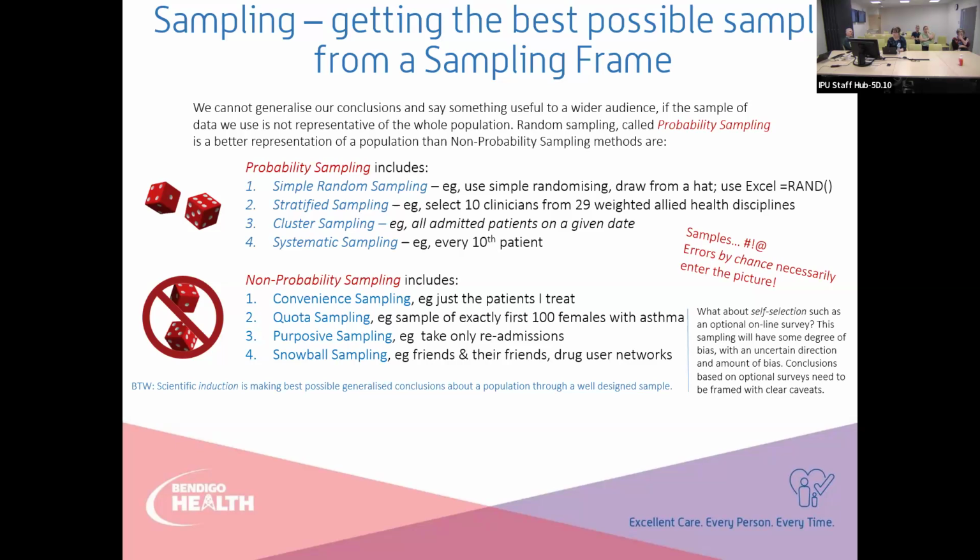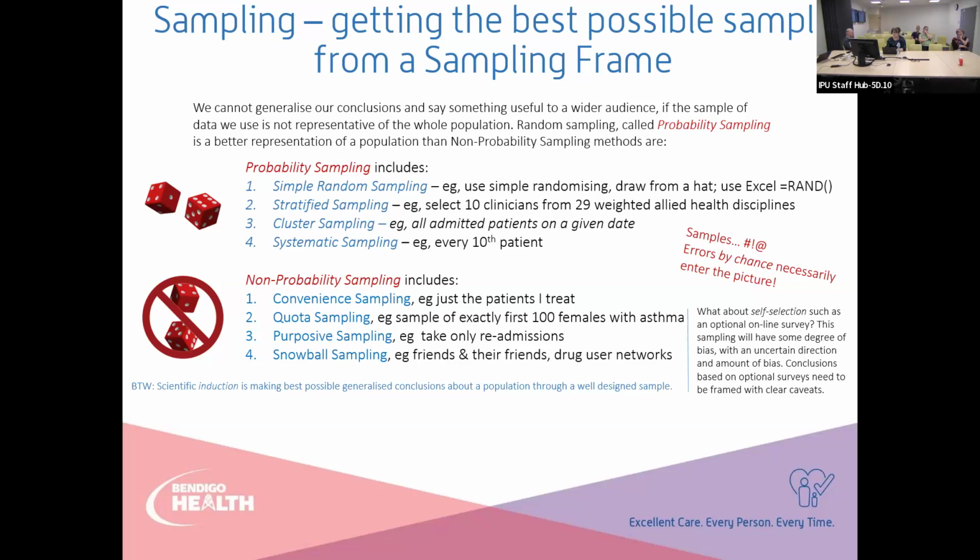And is it really random is the question. You've got to know something about your population even to know that. And one of the things that I come across repeatedly in assisting people with their research projects is that they've introduced biases in their sampling. And so you can have various sampling methods like convenience sampling.